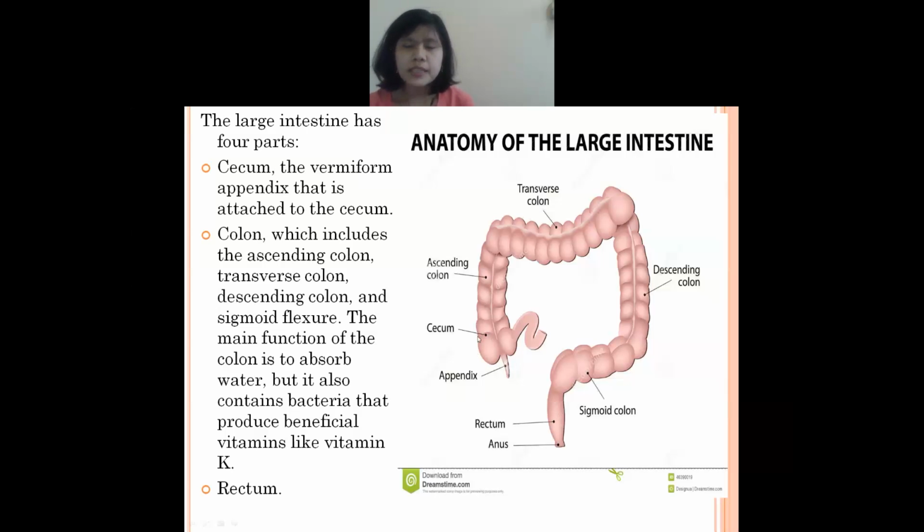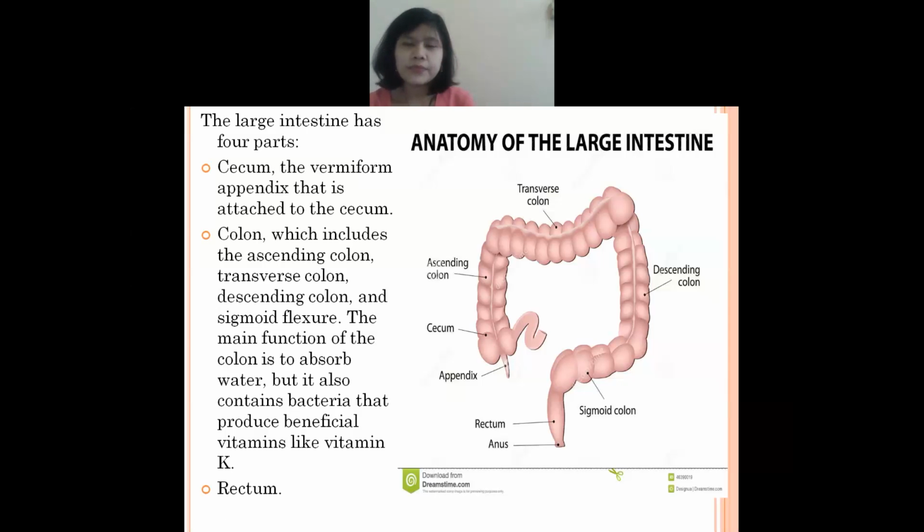So first one is the cecum. Okay, what will you get in the cecum? You will get that the vermiform appendix is attached to the cecum. Vermiform means what? It is a thin, long structure.